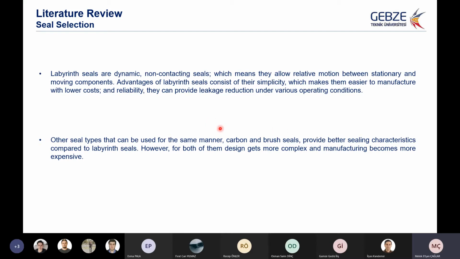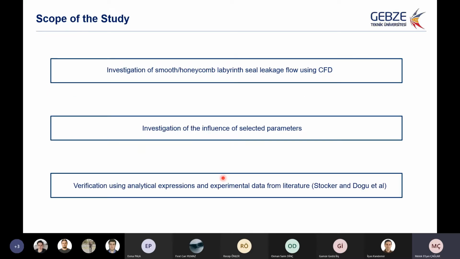There are obviously other types of seals, like carbon and brush seals, which may have better sealing characteristics, but the design gets more complex and manufacturing becomes more expensive. So in this manner, I'm going to be investigating the Labyrinth seals.